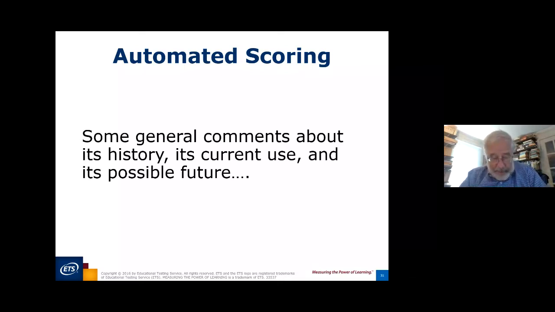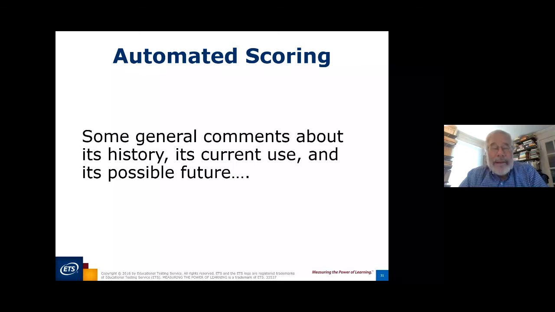And I noticed some of the materials that have been shared with you talk about automated scoring in the K-12 environment. The main comments to make here are that software programs like this can be remarkably accurate, but they are not actually reading. They're not evaluating.